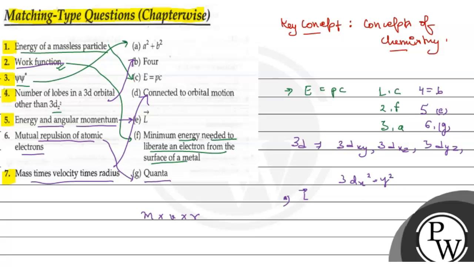That is either mvr or we can say nh over 2 pi, where v is the velocity of the orbit, n is the orbit in which the electron is revolving, m is the mass of electron, and r is the radius of nth orbit, right? So we have option number 7 that will go with D, right?